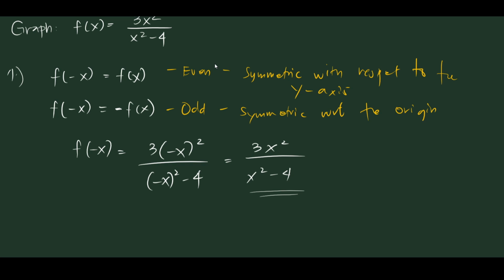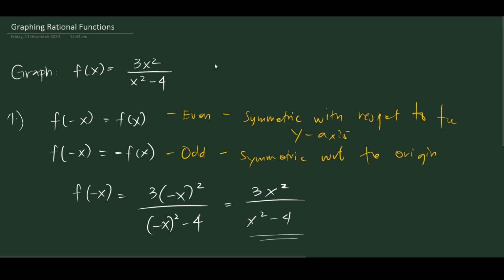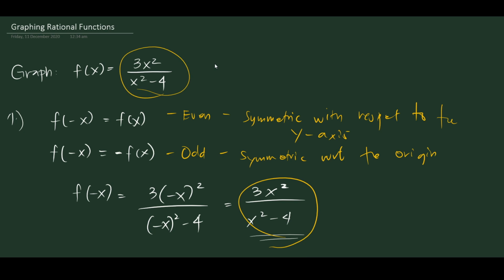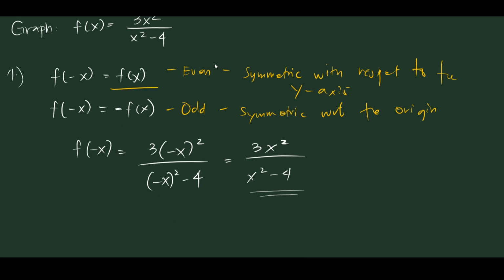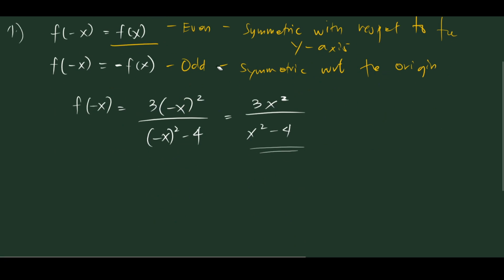The result is the original function. Okay, so as you can see, this one is same as this one, right? So therefore we have here an even function. Okay, so now we know that the graph is symmetric with respect to the y-axis. Okay, so that's very cool.